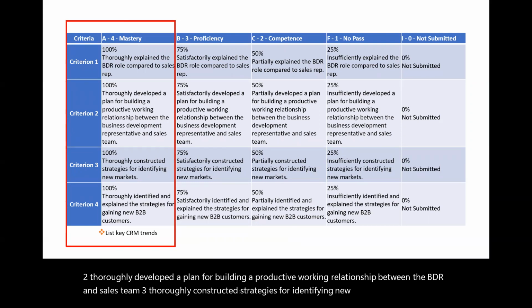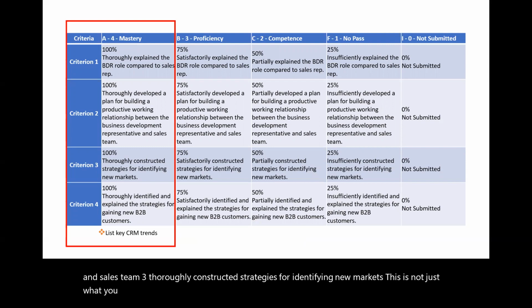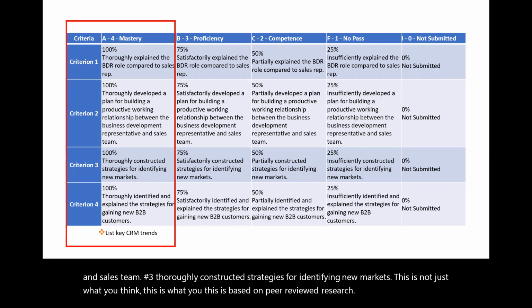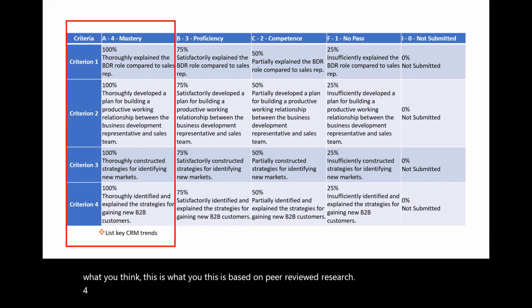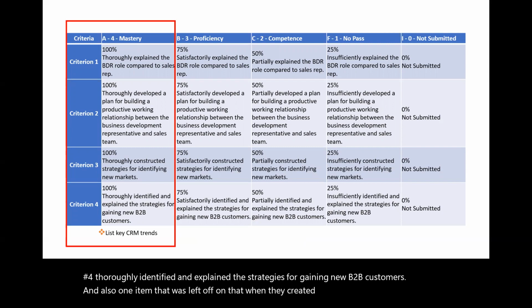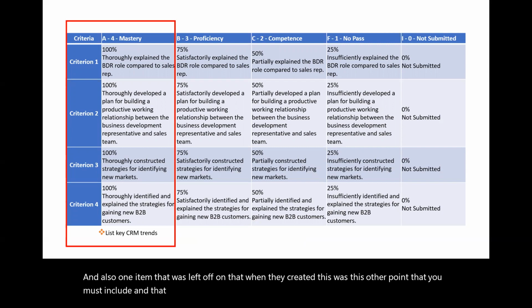This is not just what you think, this is what you know. This is based on peer-reviewed research. Number 4, thoroughly identify and explain the strategies for gaining new B2B customers. And also one item that was left off when they created this was another point that you must include, and that is list key CRM trends.